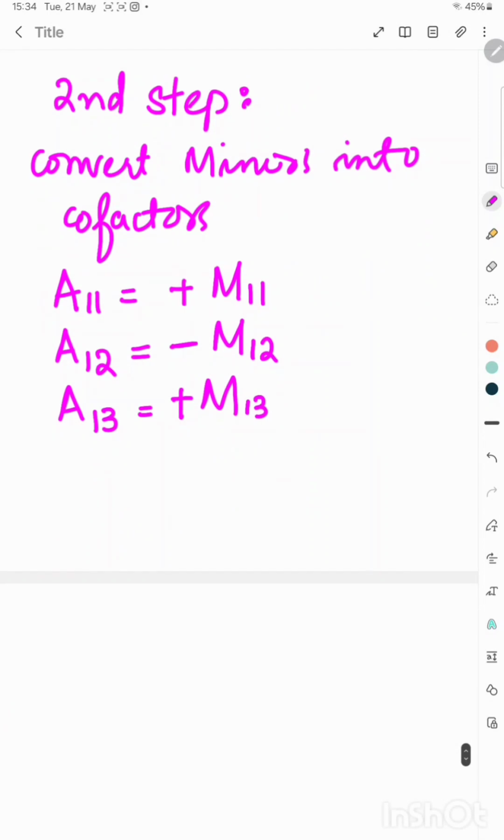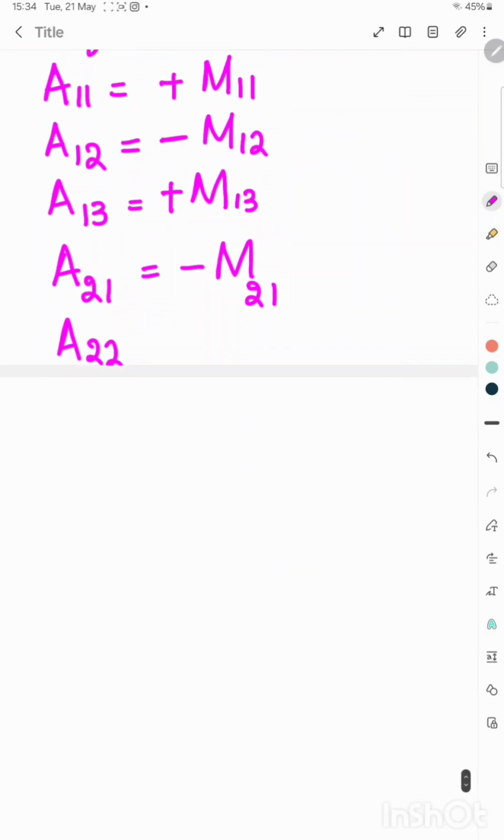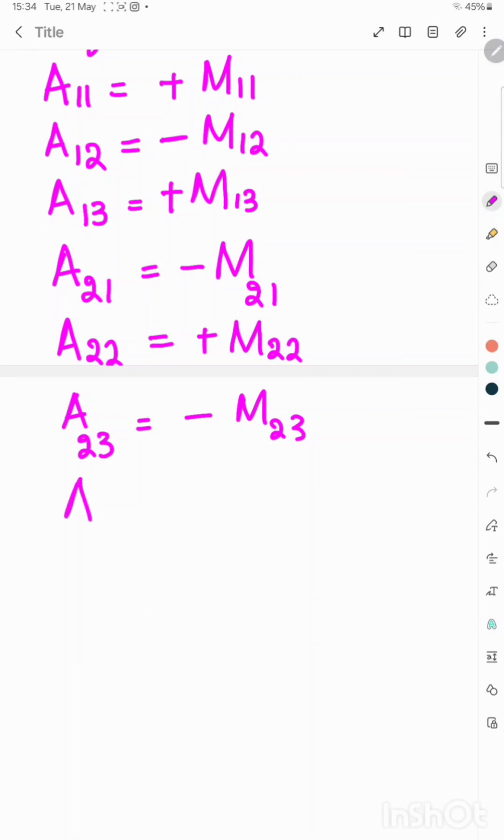Okay. Then I will go further, and the next set of cofactors will be A21. It will be equal to M21, but here now the sign will be negative. Now I will go for the next cofactor, which is A22. So here A22 is equal to plus M22. And the next cofactor is A23, which is equal to minus M23. Now the next set of cofactors will start, so they will be A31, A32 and A33.